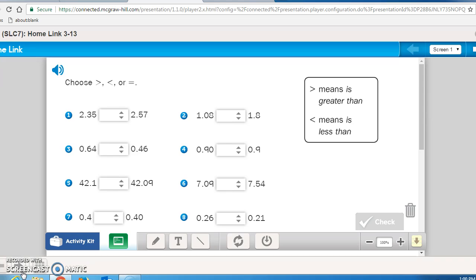The directions say, write greater than, less than, or equal to on the lines. So you're just looking at the whole number before the decimal, comparing them, and then looking at the tenths place. If they're exactly the same, then you compare the hundredths place. Go ahead and finish Math Masters page 140 and you are done with 313.